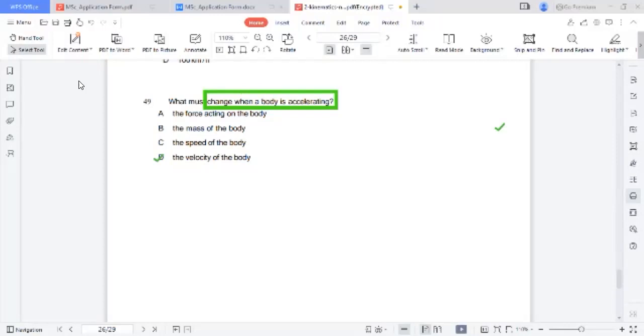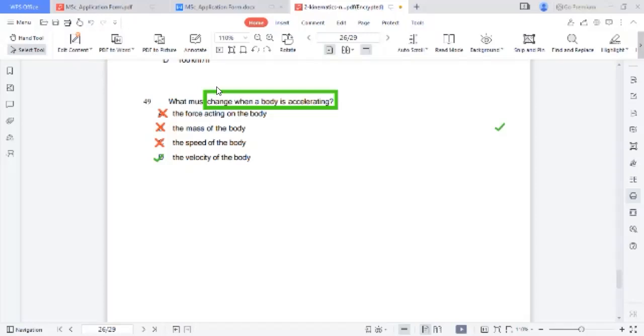The mass is a constant thing. It wouldn't change. Speed is a scalar quantity. Force acting on the body. So what must change when a body is accelerating is its velocity.